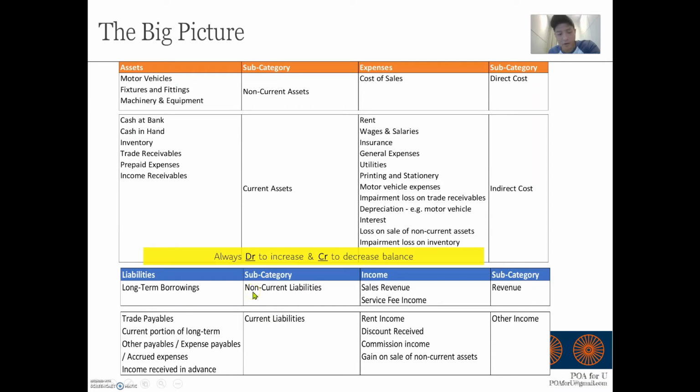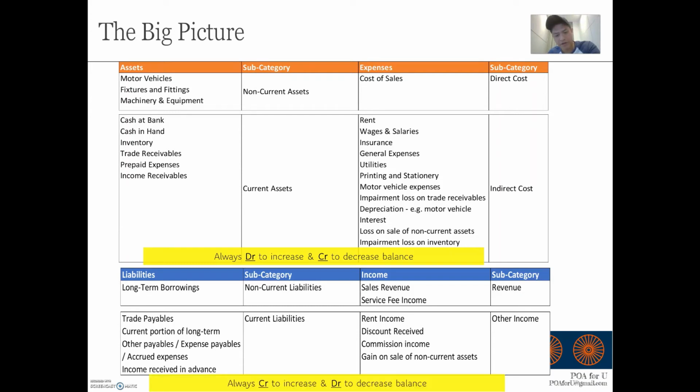Liabilities are split into current and non-current, and here you have it. And income is split into revenues type of income, so the things that you generate on a monthly basis because of sales, or services that you provide, or other types of income which could be more ad hoc, right? Or it could be more regular, but it's not the core business activity.